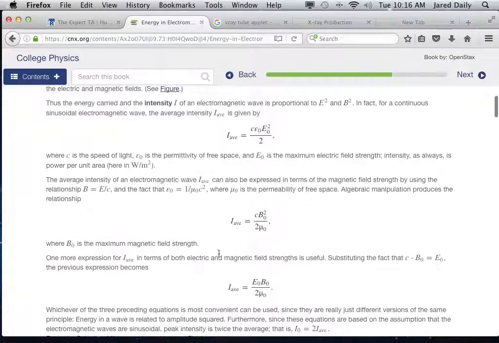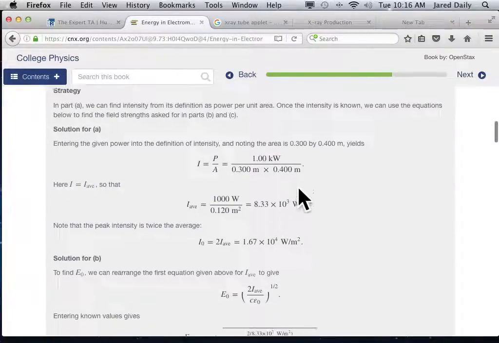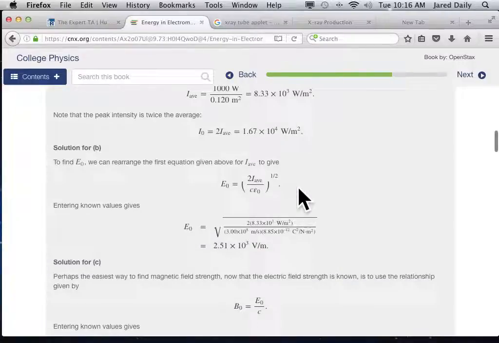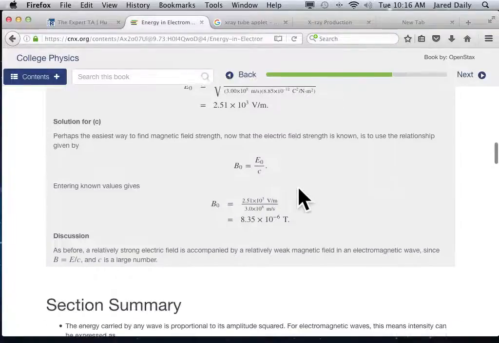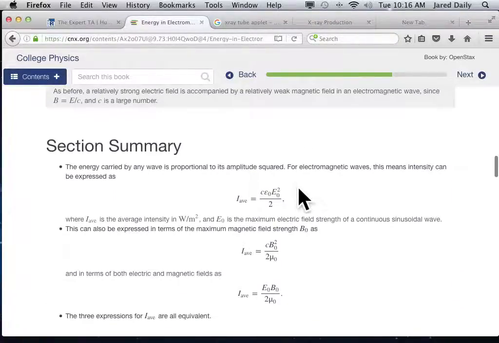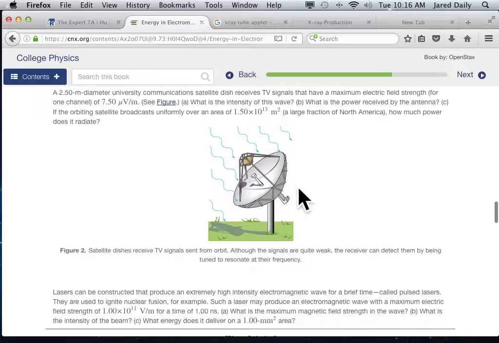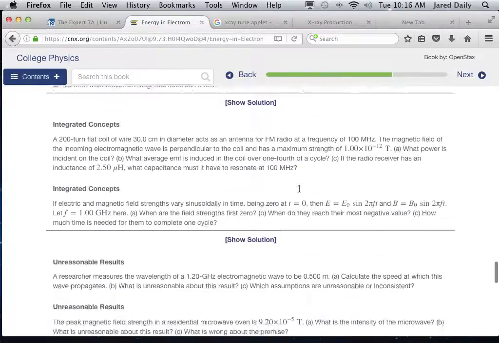You could use this equation, or this equation, or this equation, or you can use the one that relates the two intensities of the fields, which was just c equals electric field over magnetic field. Just rearrange it and solve for the magnetic field. Anyway, it works. It's not terribly difficult math we're doing in this chapter.